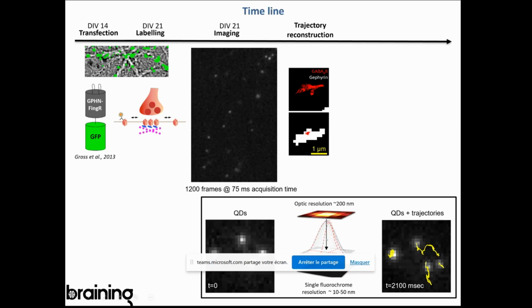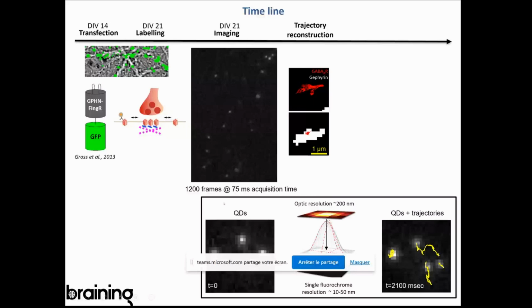So this is really the principle of single molecule localization microscopy: on each single fluorescent probe and image, we can transform this 200 nanometer big dot into a small, tiny dot, which has a single fluorochrome resolution of 10 nanometers. So this is done automatically using MATLAB software.